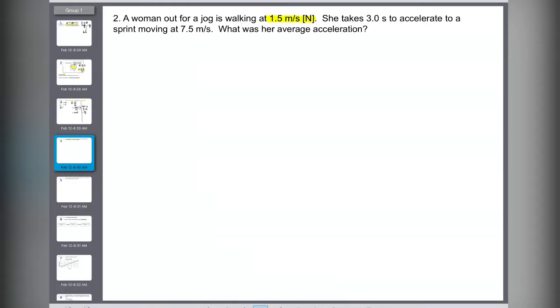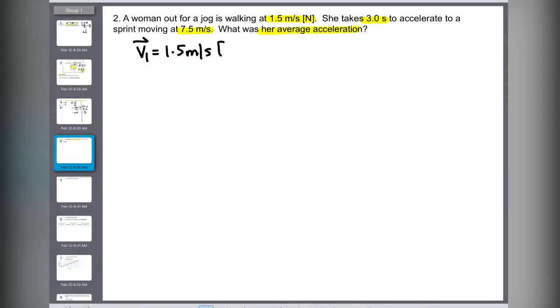A woman is out for a jog and is walking at 1.5 meters per second north. It takes 3 seconds to accelerate to a sprint at 7.5 meters per second. What is her average acceleration? Okay, so they give you 1.5.